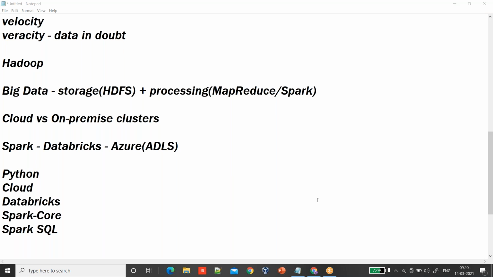I let you guys know in the penultimate session of our course that GCP started supporting Databricks. So it doesn't matter which cloud you want to use, you can use it.